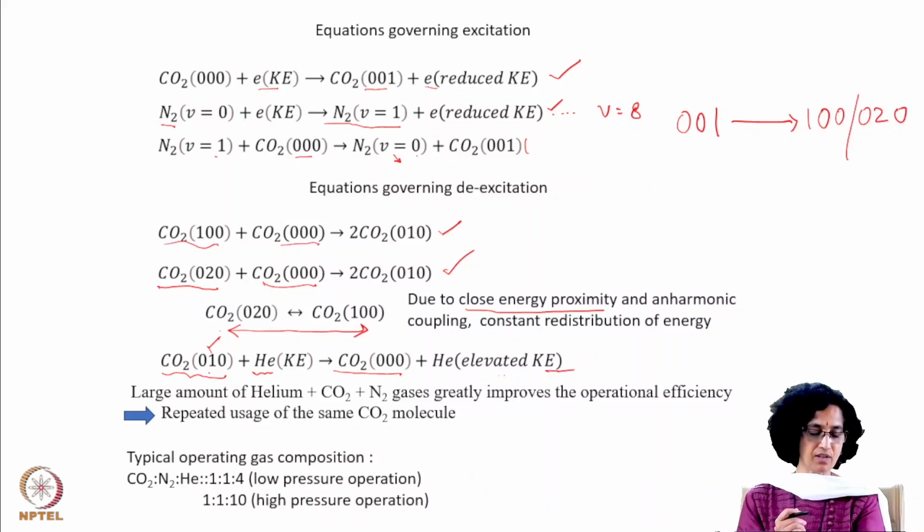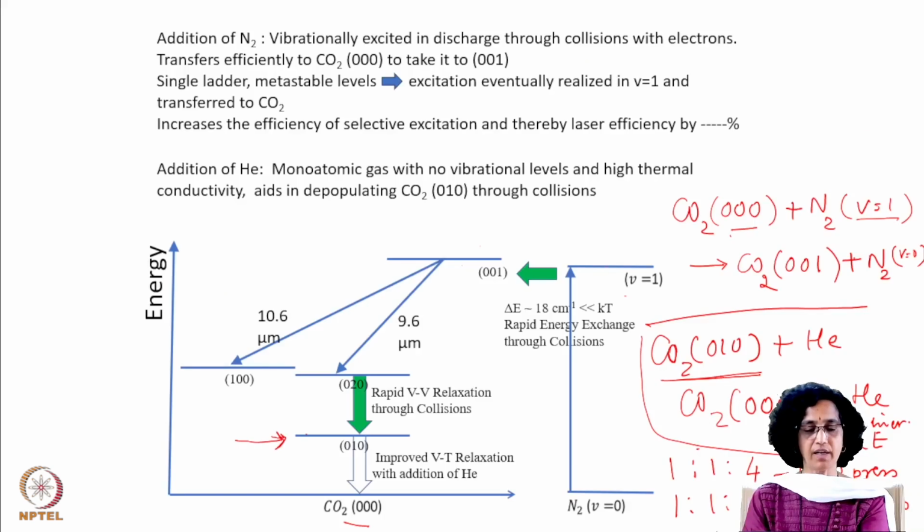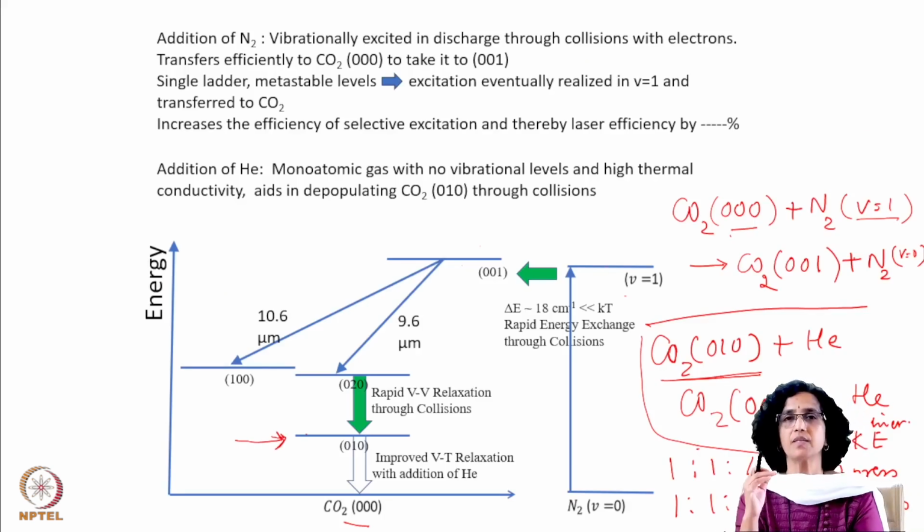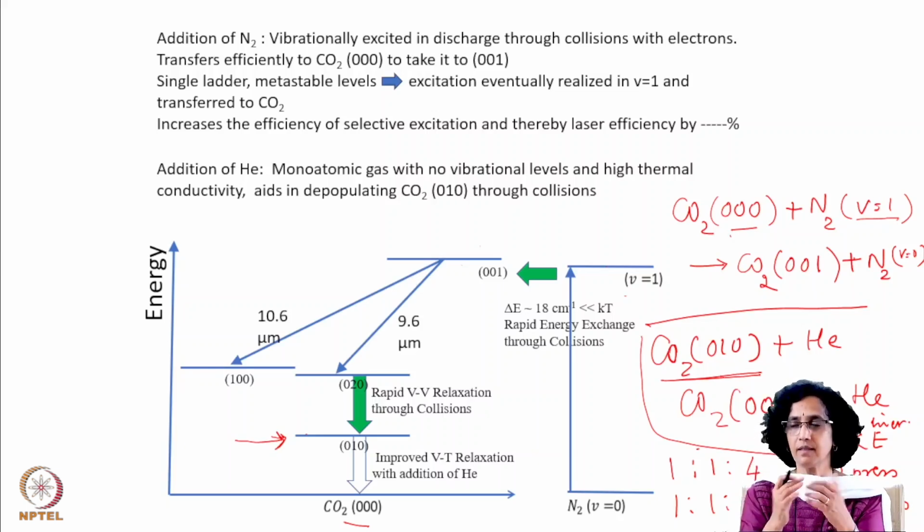So in this lecture, we have tried to understand the various levels of a CO2 molecule that participate in the lasing action, and why there is a problem when we use only CO2 gas in a CO2 laser.